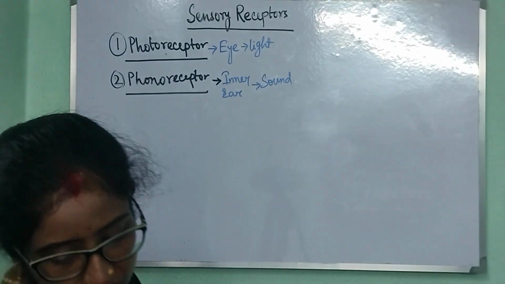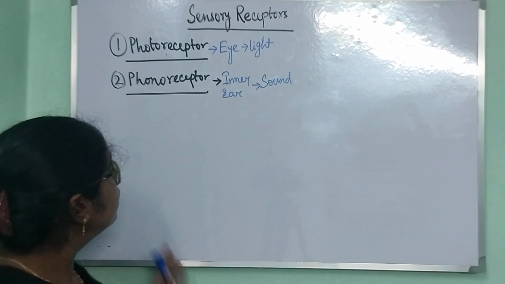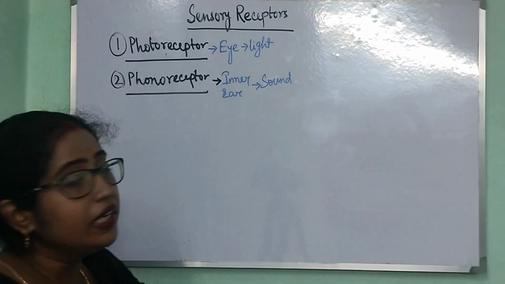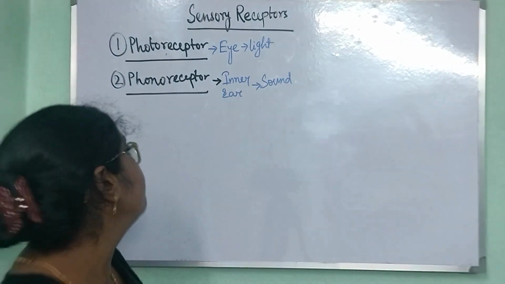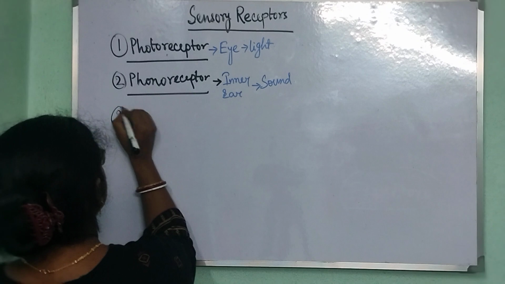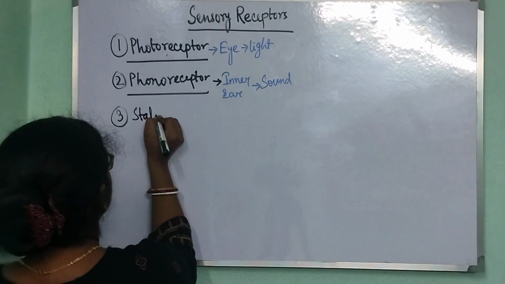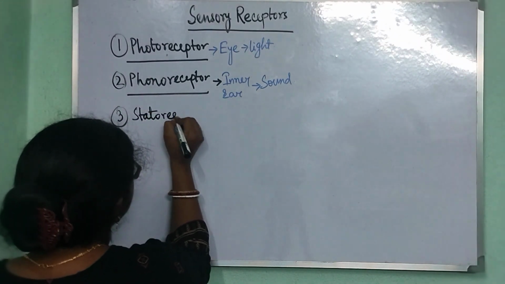Next we have another receptor in our inner ear, and that is known as the statoreceptor. So the third one is the statoreceptor.